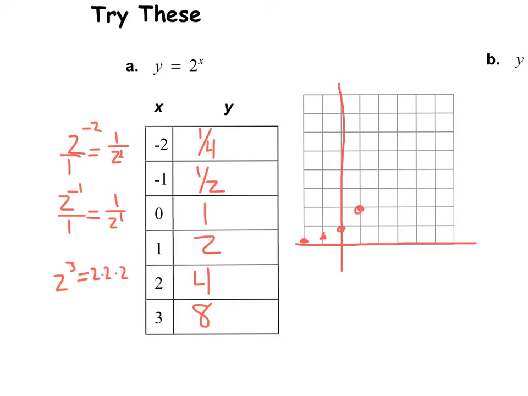Over 2 up 1, 2, 3, 4. And over 3 come up 1, 2, 3, 4, 5, 6, 7, 8. And we see our nice exponential graph. And don't be worried, guys, if any of these go off the graph. It's okay.